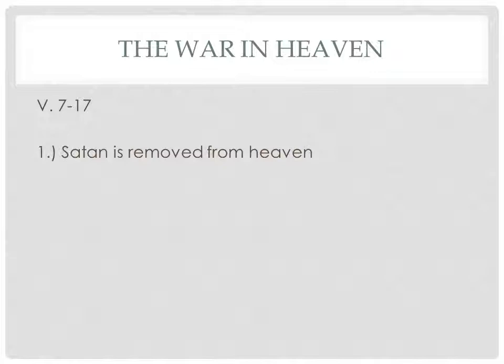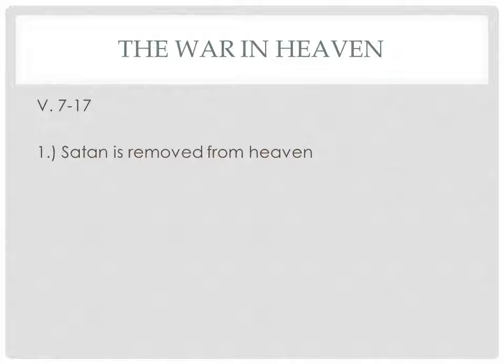Some have made that argument, going to this verse and saying this is a description of the battle between Jesus and Satan, but it's very clear here that Michael is the one leading the angels of God into battle. So this is a battle between Michael and the devil, and Satan loses.